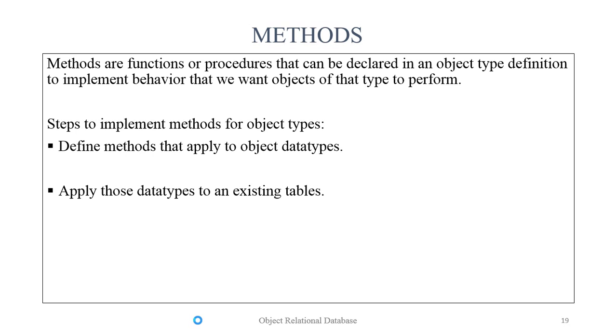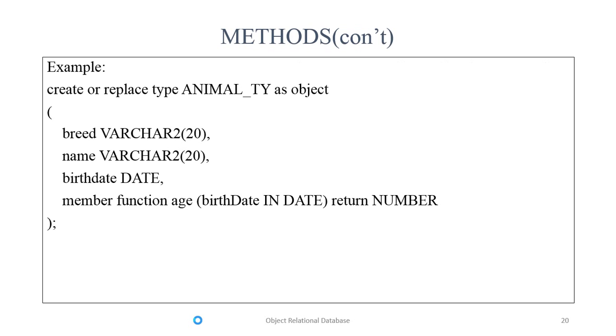Second, apply those data types to existing tables. In this example, the method age is declared in an object type as its member. Hence, the keyword member has to be written. This function returns the age of the animal.